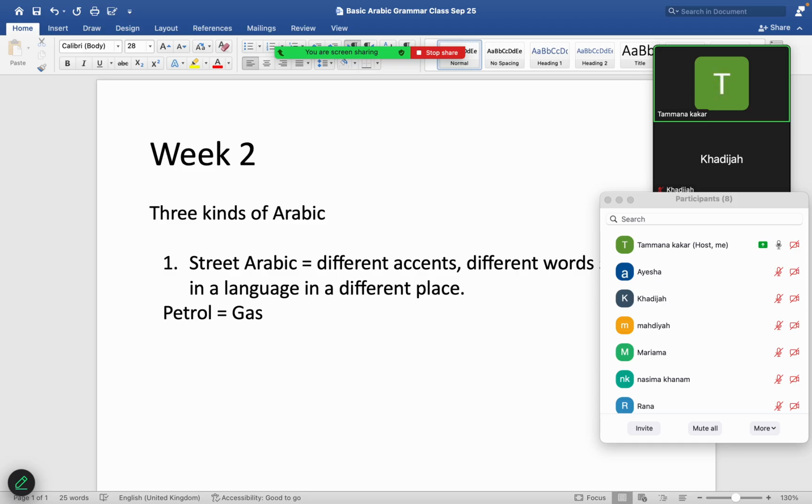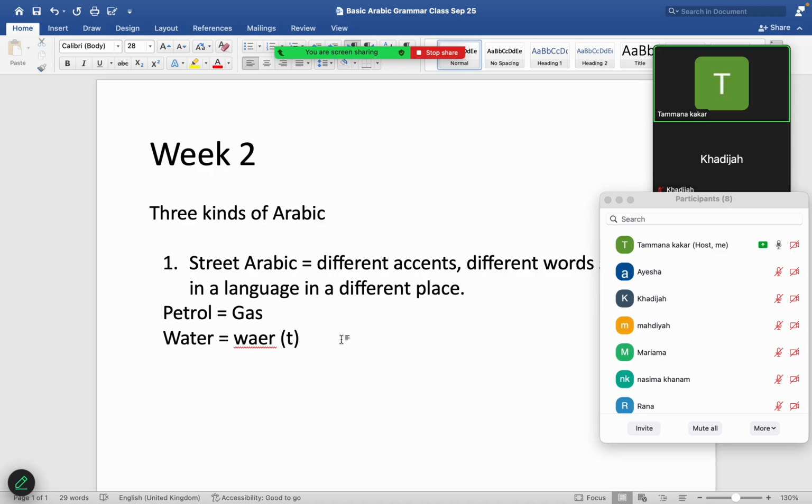English speakers? For example, we say water, and in other parts of the world, they say water without the T letter at all. They just silence it. Have you heard water rather than water?